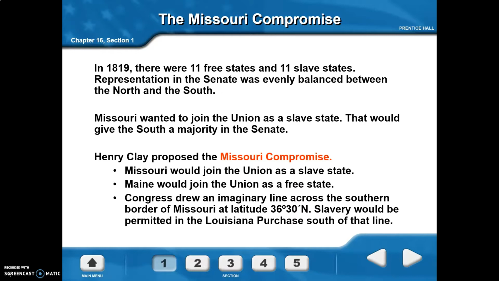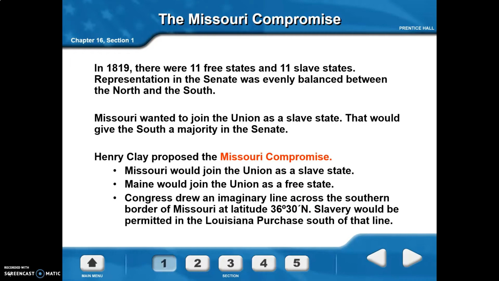And in this proposal, they also said that Congress would draw an imaginary line across the southern border of Missouri at the latitude 36°30′ north line, and slavery would be permitted in the Louisiana Purchase territory south of that line. But that does not include the land that we gained after the Mexican-American War.